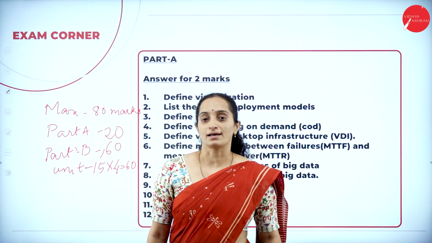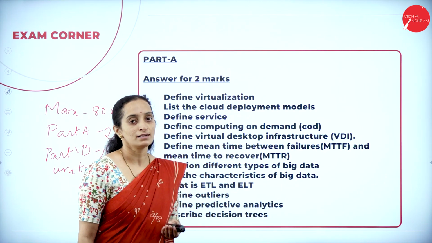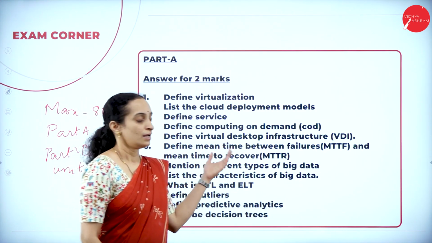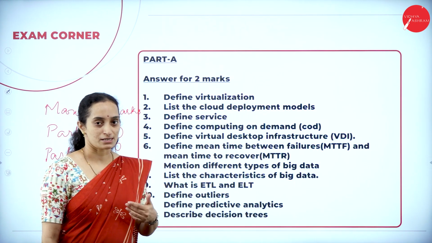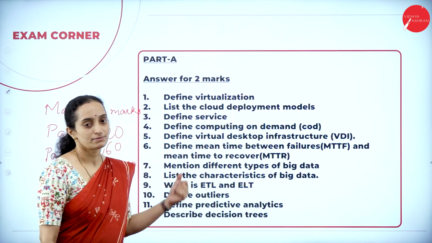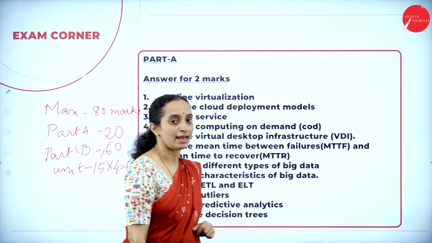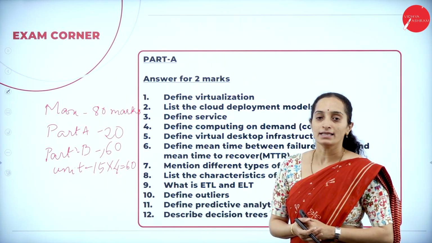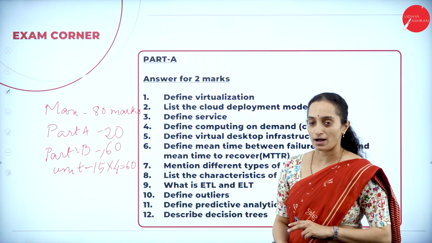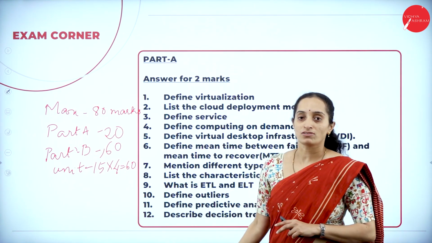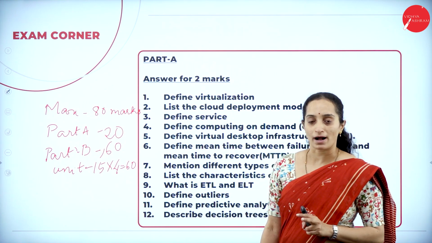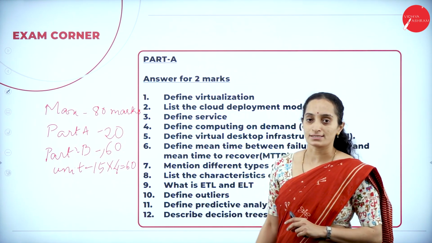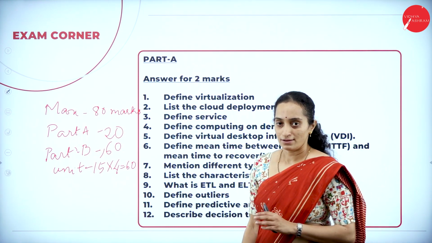Okay, let's look at the model question paper, how you can expect the question paper to be. This is part A, where each question carries 2 marks. You will get 12 questions carrying 2 marks. Among the 12 questions, you have to answer 10.